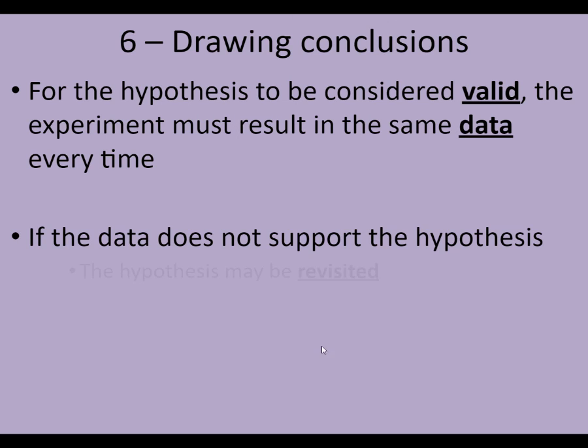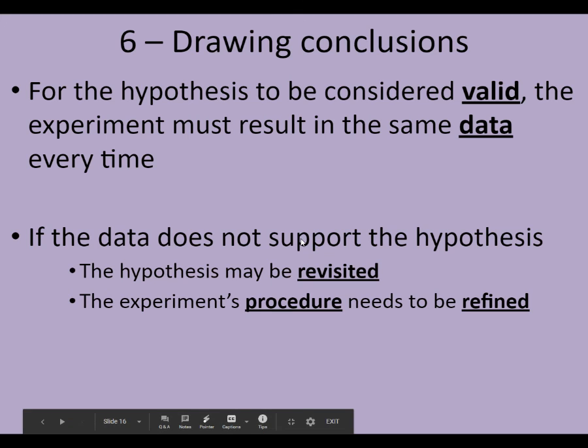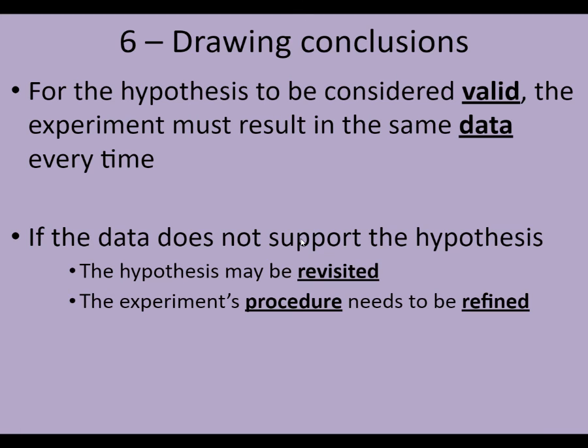So, for a hypothesis to be considered valid, the experiment must give the same data every time. So, like I said, if the data does not support the hypothesis, it must be revisited, and the experiment's procedure needs to be refined. And that's the scientific method. I'm sure you have gone over the scientific method in every single science course that you've had in your life, but it is something that needs to be constantly reminded, or else you may not completely get what you want from it.